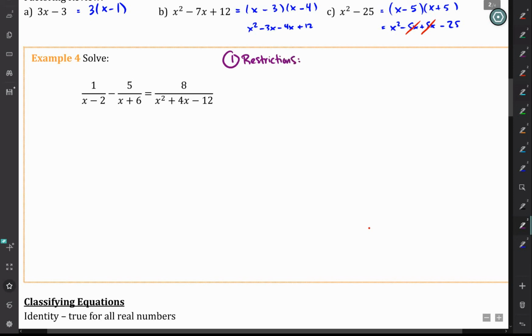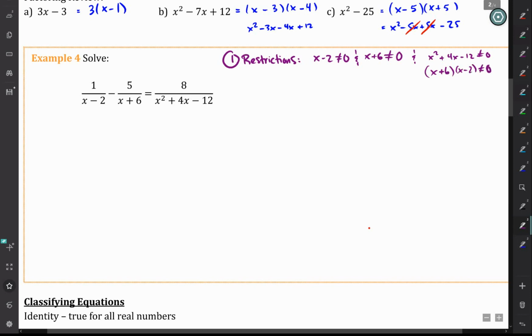In this case, we need that x minus 2 cannot equal 0, and x plus 6 cannot equal 0, and x squared plus 4x minus 12 cannot equal 0. It turns out that x squared plus 4x minus 12, if you factor that, is x plus 6 times x minus 2.